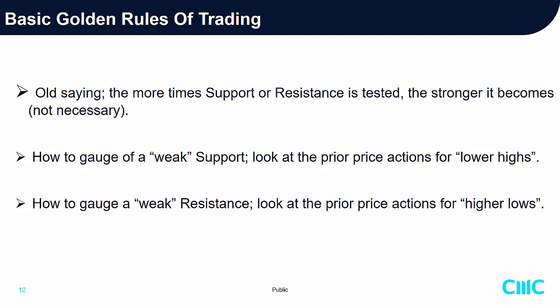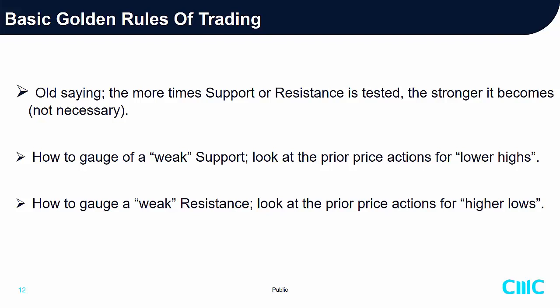If a resistance level is being tested many times, that means there are a lot of bullish buyers trying to break above it, which means the thickness, or the ammo, of that ceiling is getting thinner every time it is tested. Similarly for a support level, the floor is getting tested and tested on the downside, which means sooner or later the defense of that floor is also getting weaker.